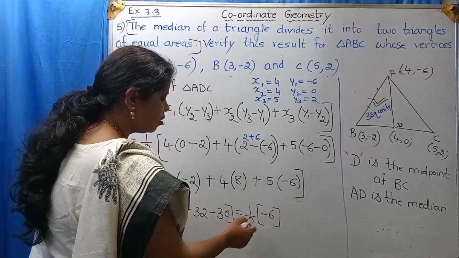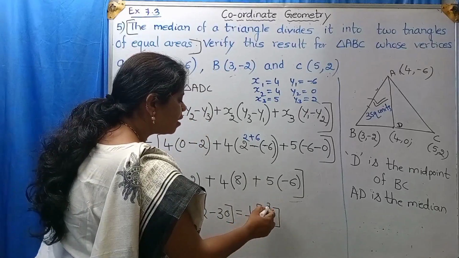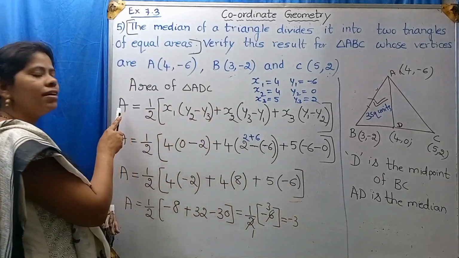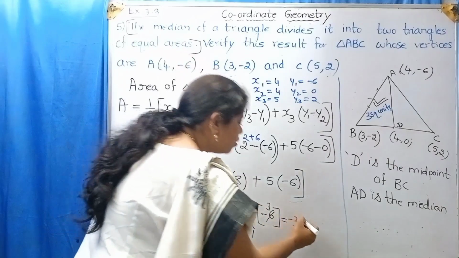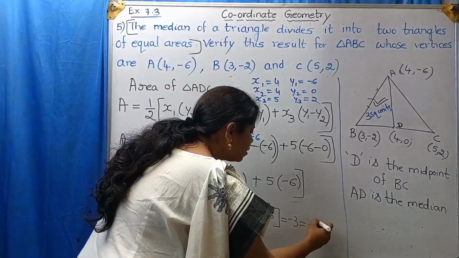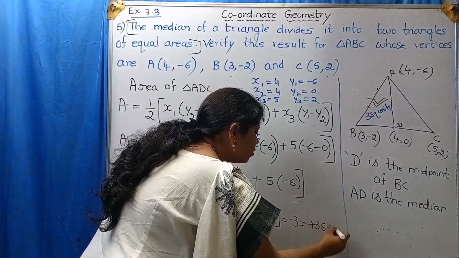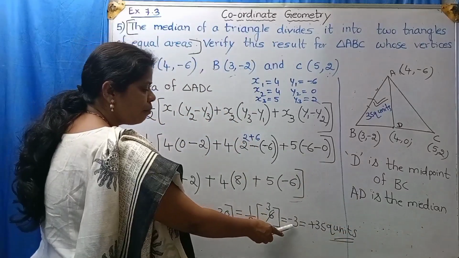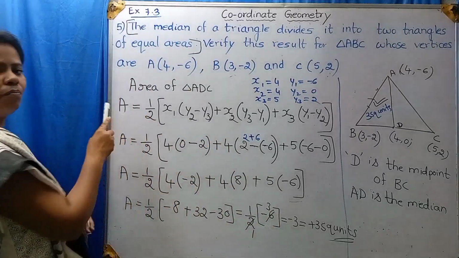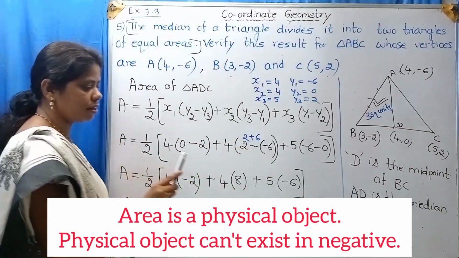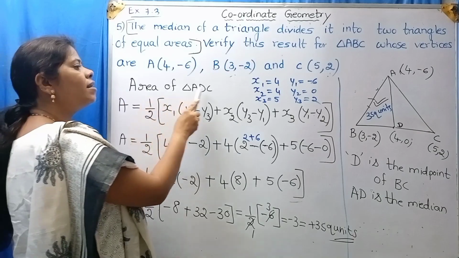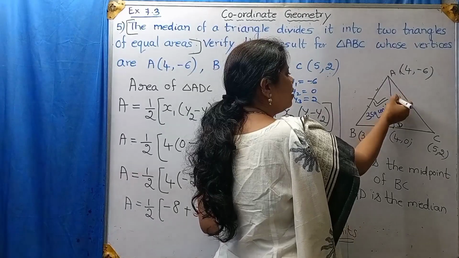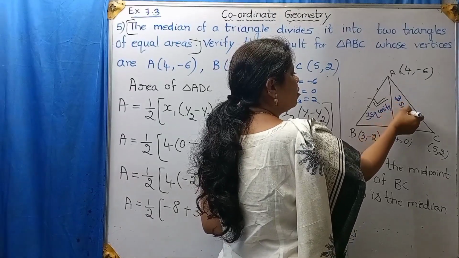Right? 2 1s are 2, 2 3s are 6. It is minus 3. Since we are finding the area, we will write it as positive, that is plus 3 square units. Okay. Here we won't take the minus sign for area because area is a physical quantity. Therefore, area of triangle ADC is how much? 3 square units, right?